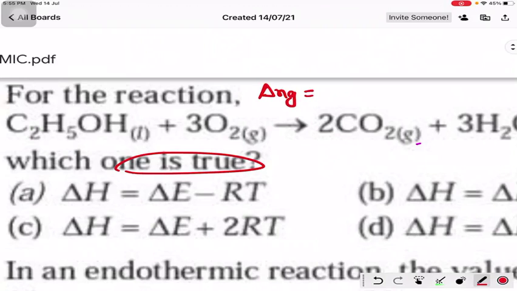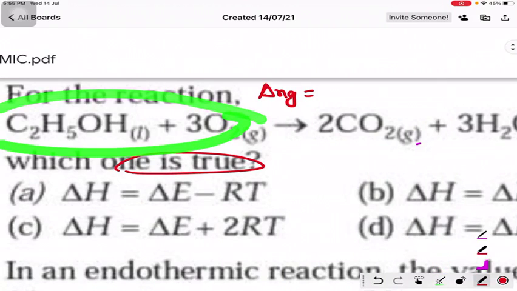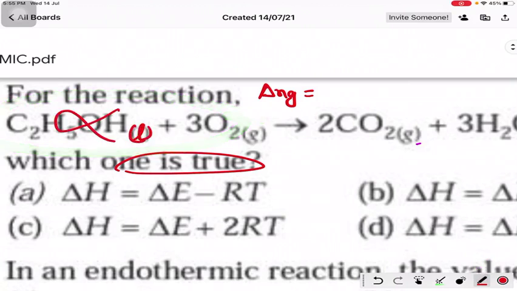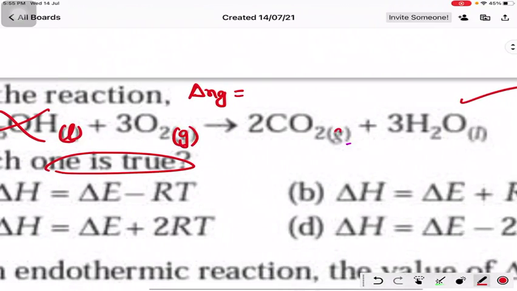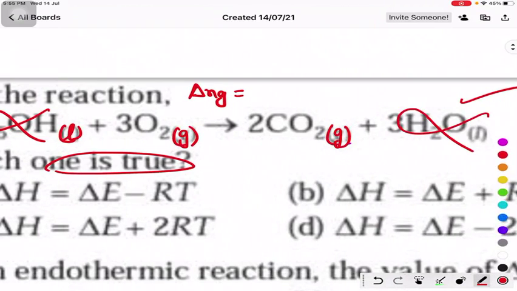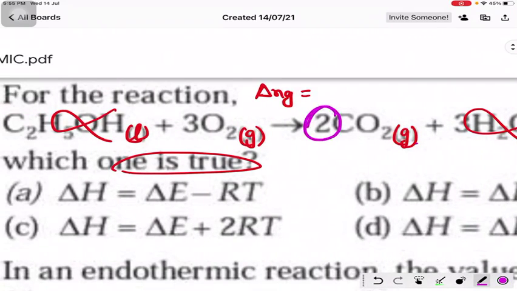So you can mark here, this is in the liquid state, so you don't need to consider its stoichiometry. It is gaseous, and on the product side it is a gaseous component, no need to consider its number. So we have 2 on the right and 3 on the left, so right minus left, it is -1.